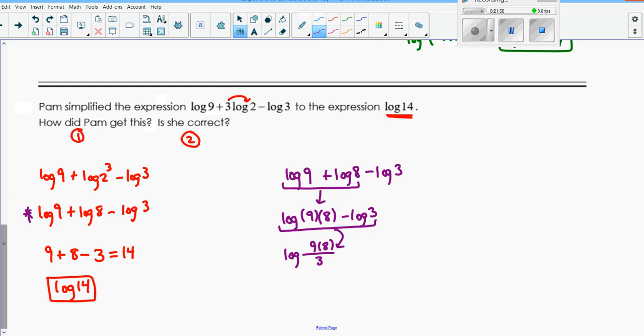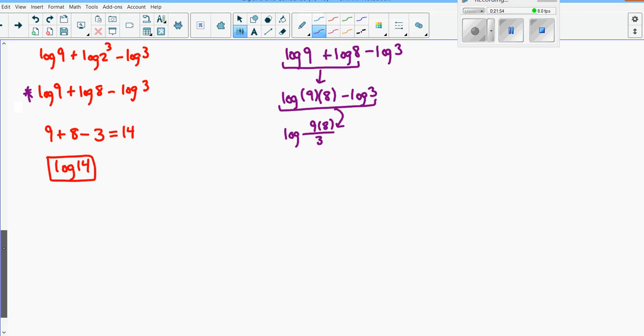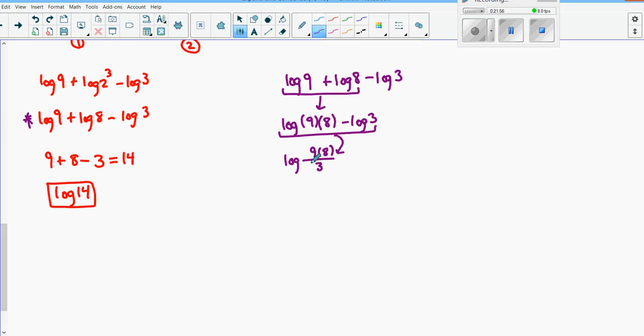So now if we look at that, we have something that we can actually simplify. I can simplify this in one of two ways, depending on how your mind thinks. One way is to do 9 times 8, which is 72, divided by 3, and 72 divided by 3 is 24, so log of 24.